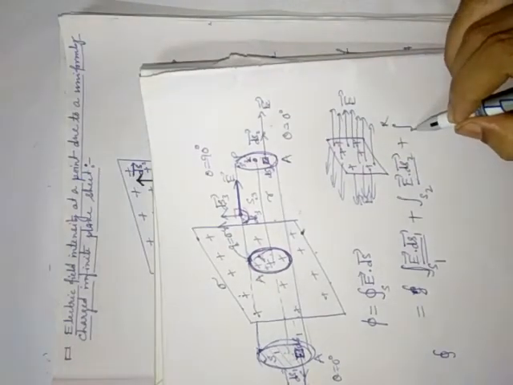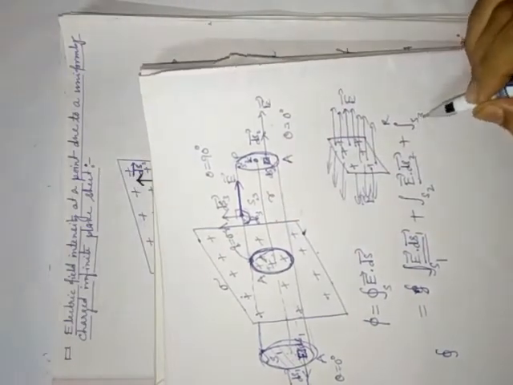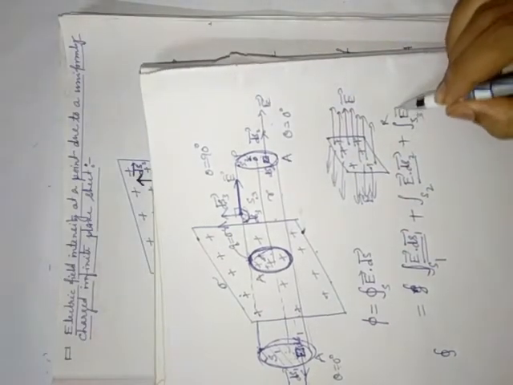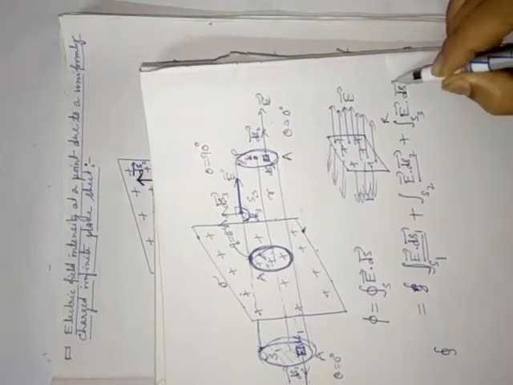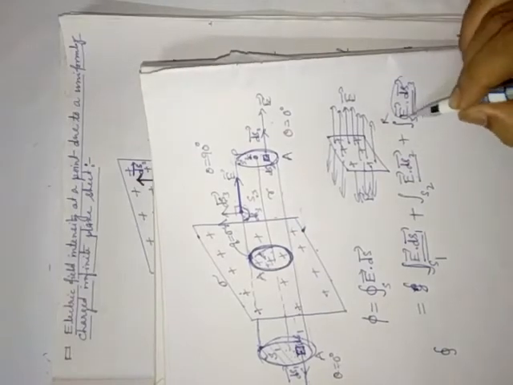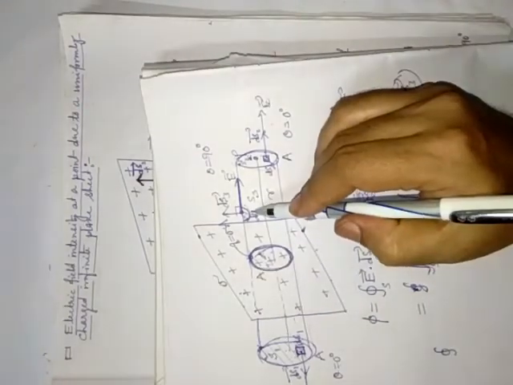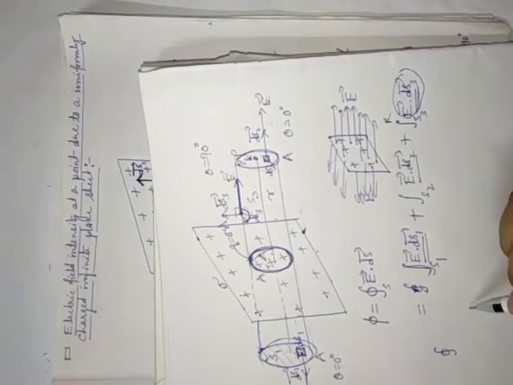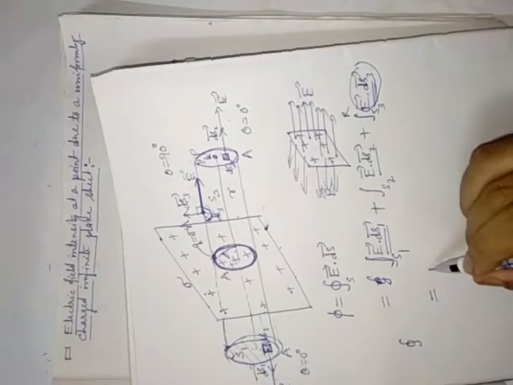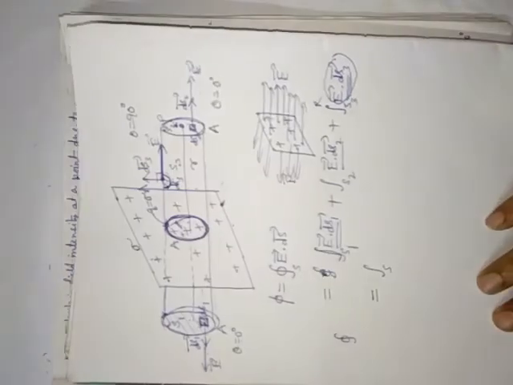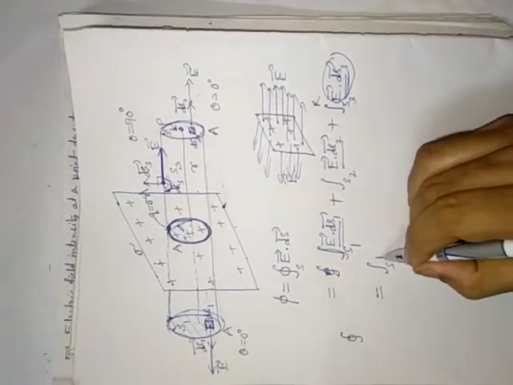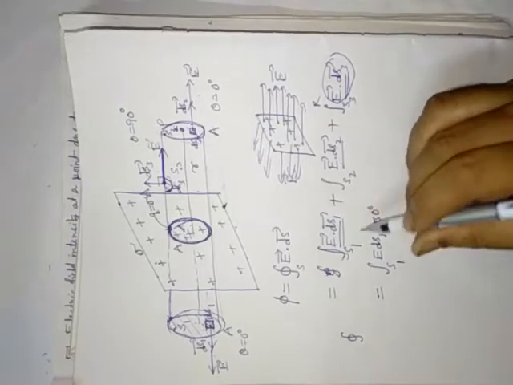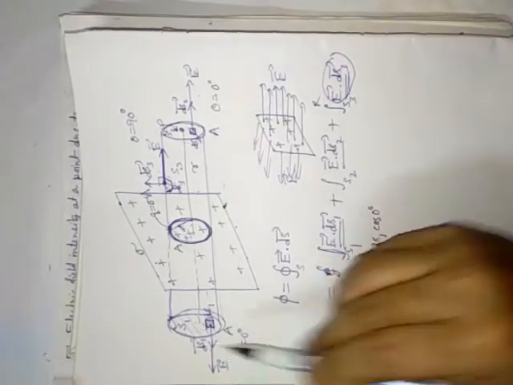Again, the integration over S3 means flux through the whole curved surface, E vector dot ds3. E vector dot ds3 alone means flux through only the ds3 area, but integration means the whole curved surface. Now see, the dot product means you can write: integral over S1 of E ds1 cos 0 degree, because the angle between E vector and ds1 is 0 degree.